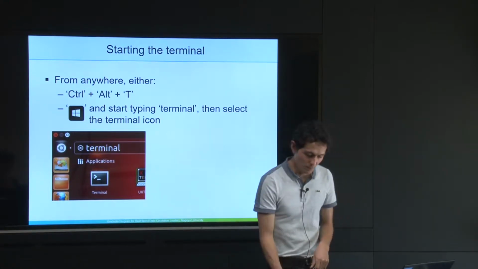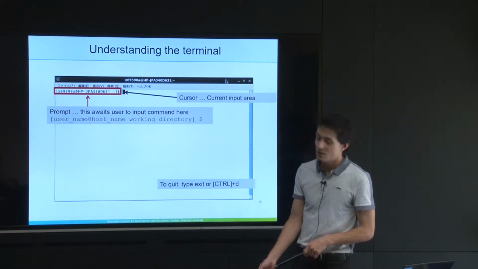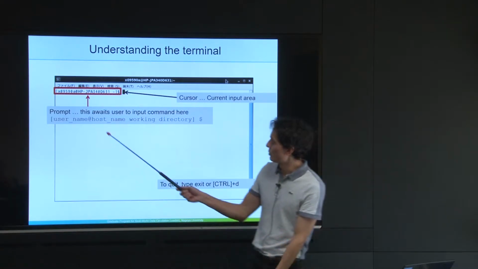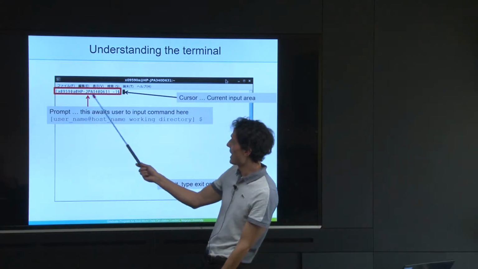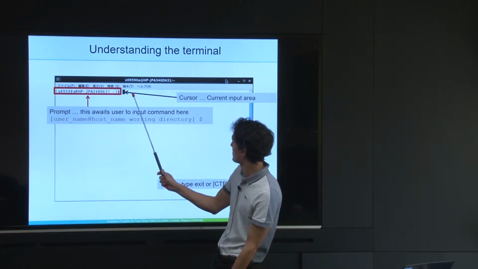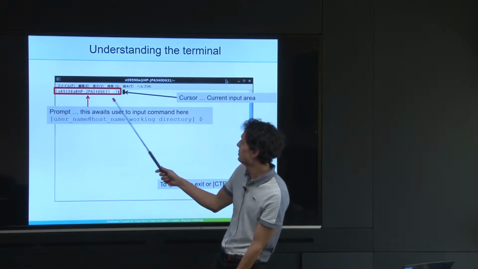Okay. So what are we looking at here? Up in your new terminal, you'll see a bunch of text up in the corner here, and a flashing cursor. Now this is where when you type, your input will read back to you.